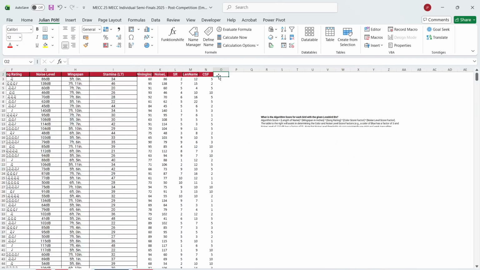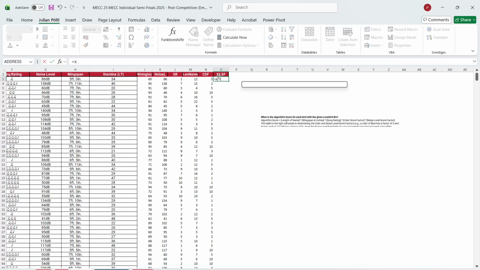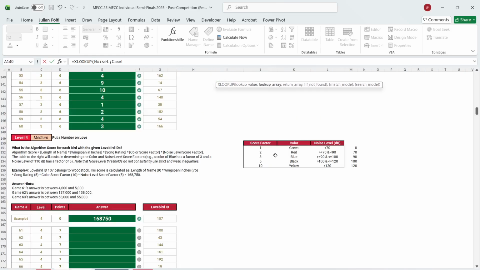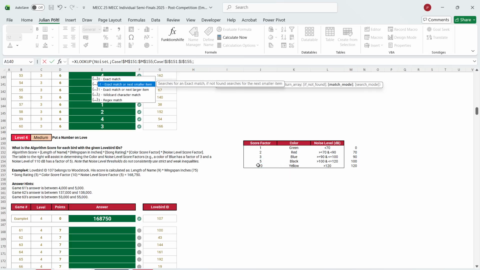So noise level score factor, XLOOKUP, and we have the noise level here. And we can then simply do a lookup for this, return the score factor, and match mode, exact match or next smaller item.